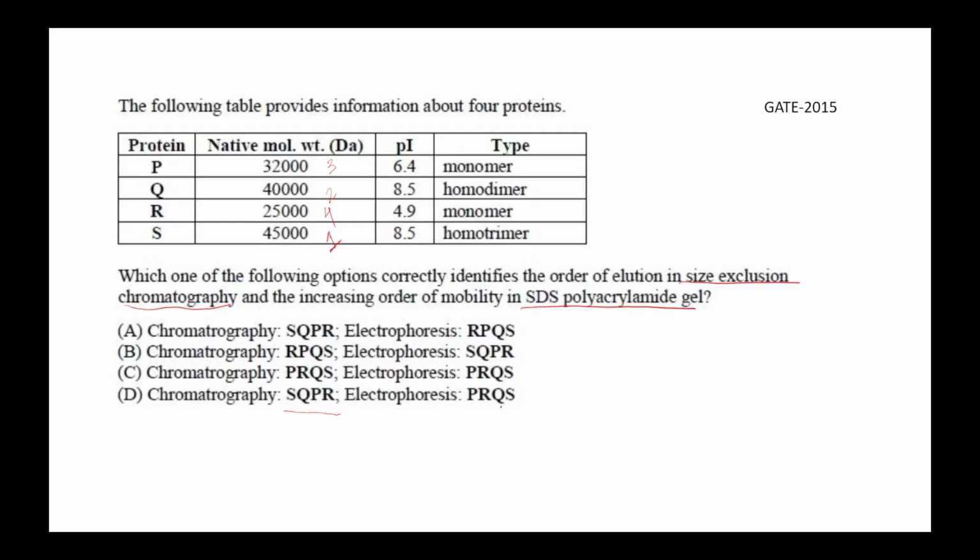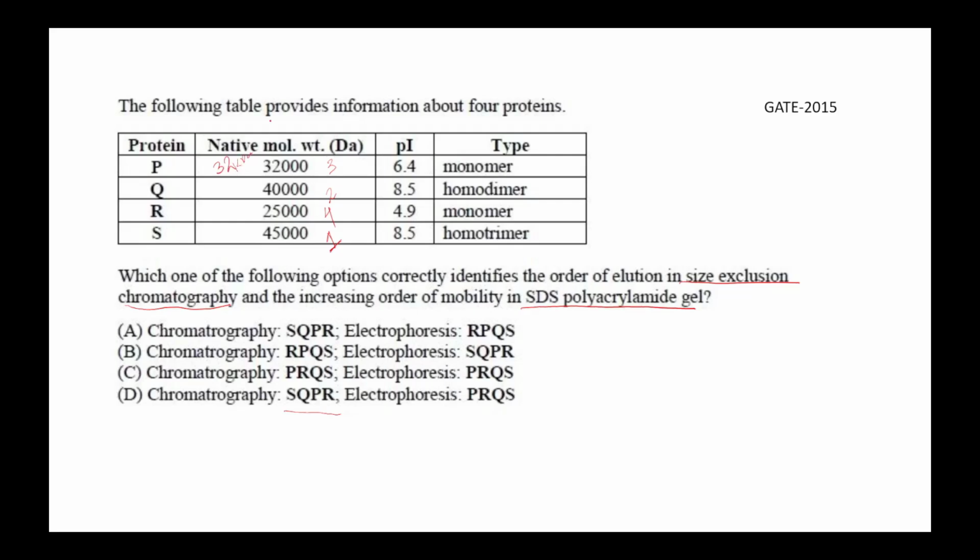Now if the same protein mixture is run on SDS-PAGE, as SDS-PAGE is a reducing PAGE, it makes them into their primary structure. As you can see, the first protein P is a monomer, that means its size will be 32 kilodalton only.